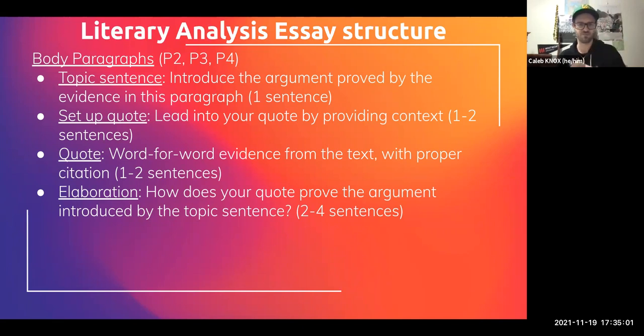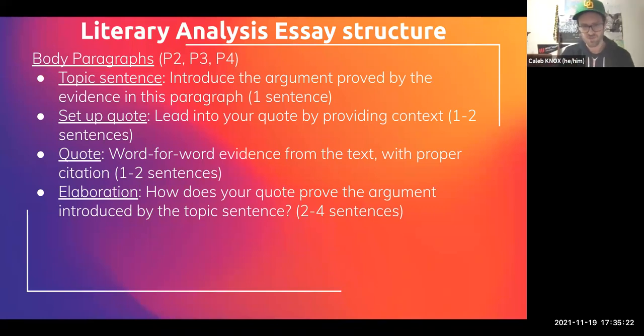And when you elaborate, you need to really explain, how does your quote prove the argument introduced by the topic sentence, okay? If your topic sentence and your quote don't align, if the quote doesn't actually prove the argument that you put out in the topic sentence, it's not going to work out, okay?